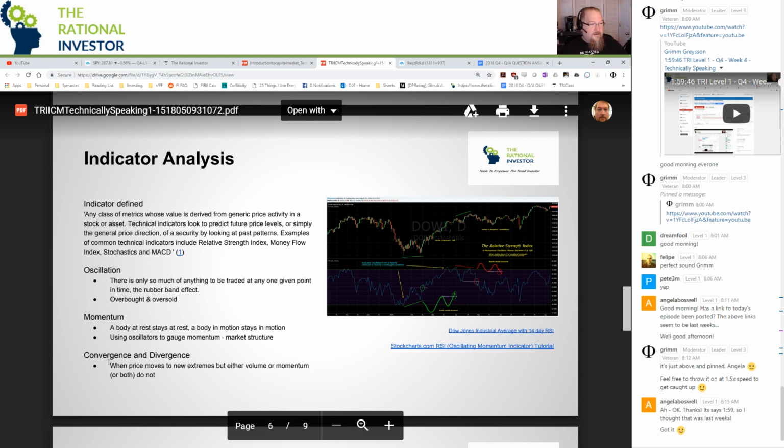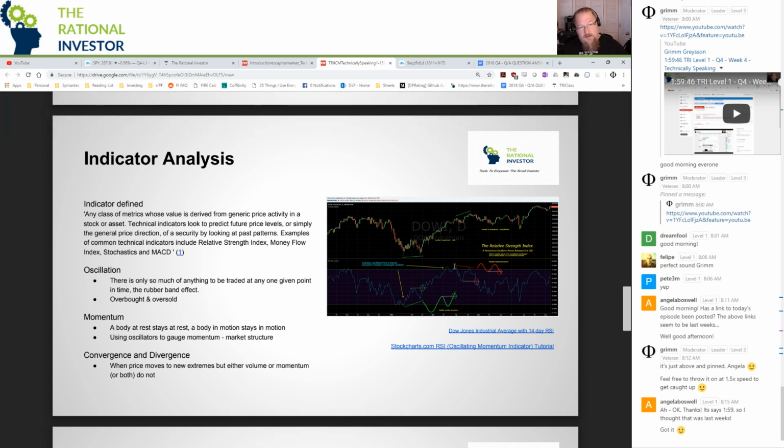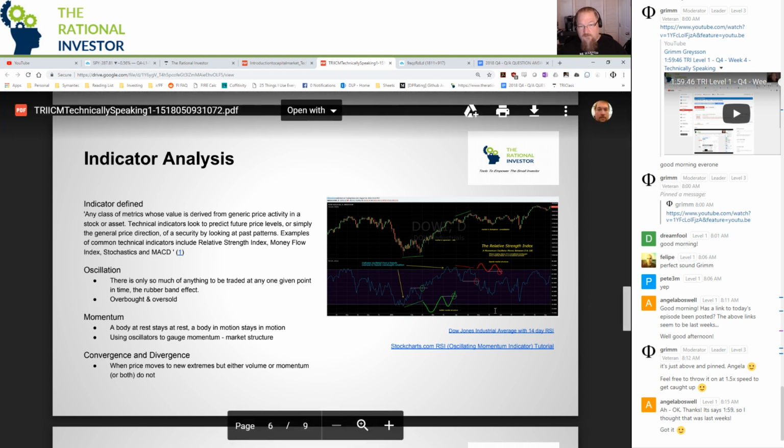And convergence and divergence, and this is what I was just talking about. What we look for in TRI is for price to be moving in one direction, but the indicator to be moving in the other direction. And what we're really looking for on the indicator is M's and W's, right? Maybe a head and shoulders, right? All those market reversal patterns.